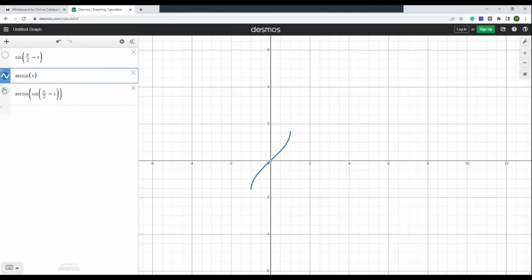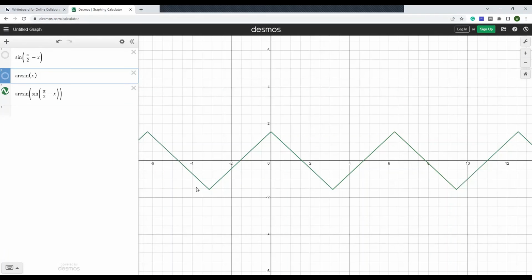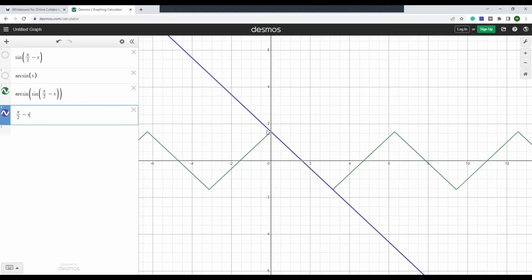And this creates a situation for arc sine of pi/2 minus x where it does not equal pi/2 minus x over the entire interval. It just equals it on this restricted interval from x equals 0 to x equals pi.